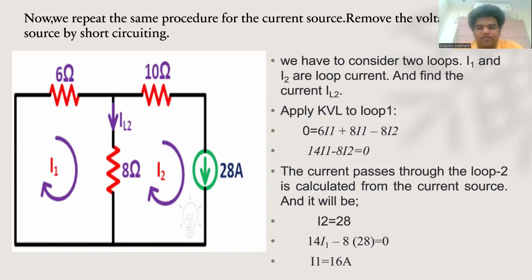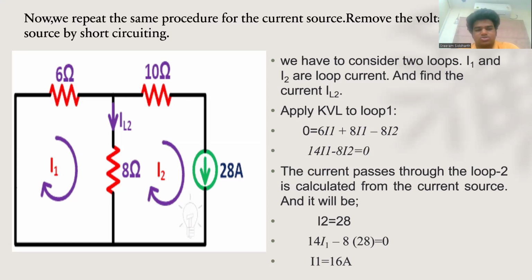To find the current IL2, we need to do the loops for I1 and I2. By applying KVL to loop 1, we'll be getting the equation 14 I1 minus 8 I2 equal to 0. In loop 2, we'll be getting I2 as 28 amperes.